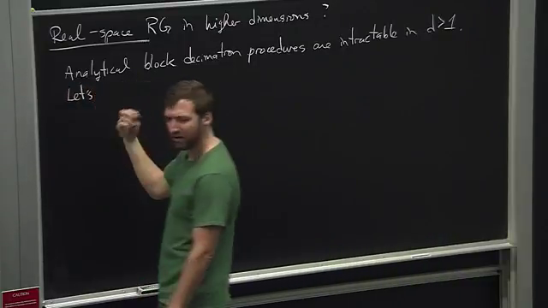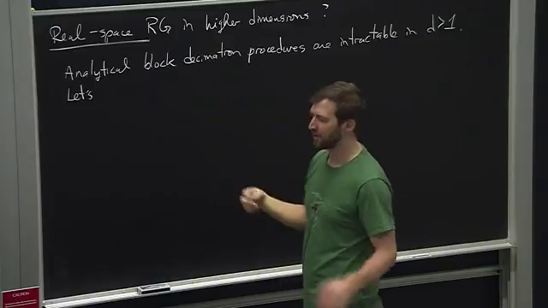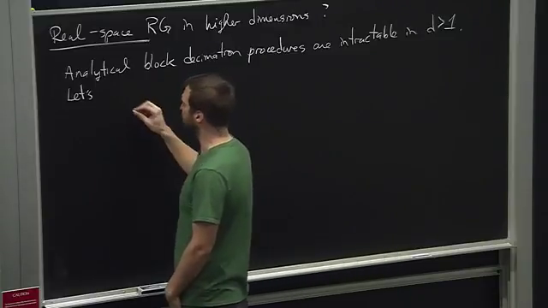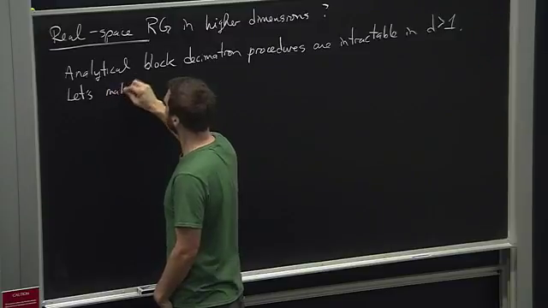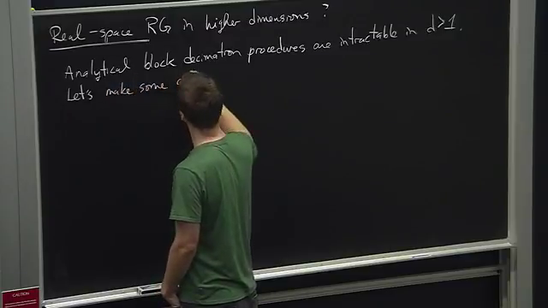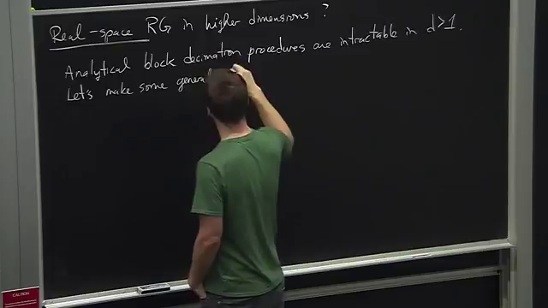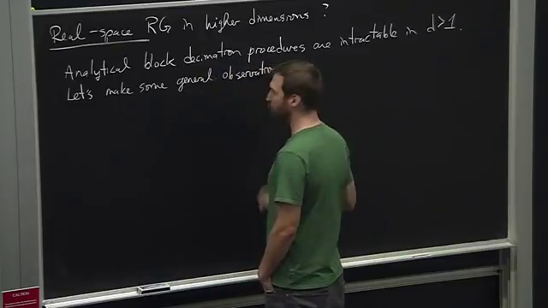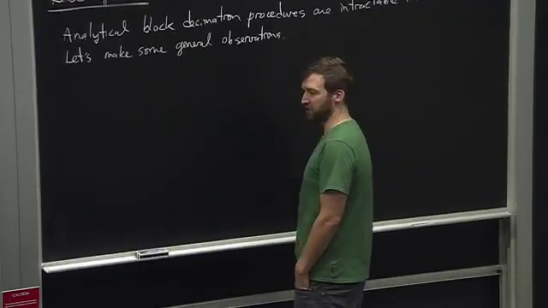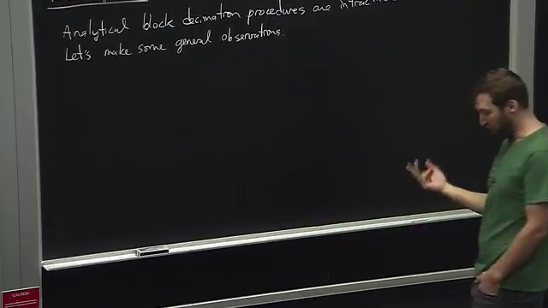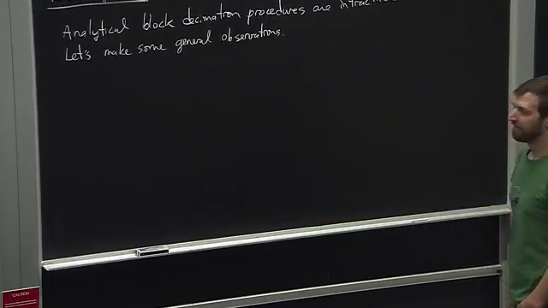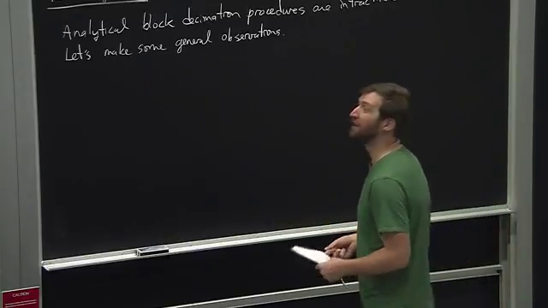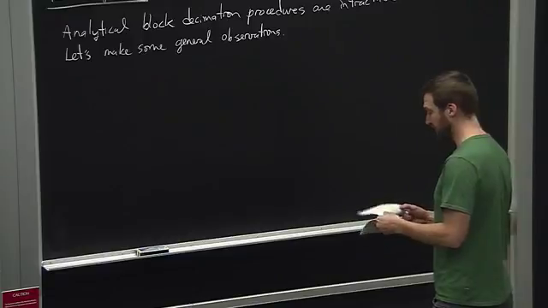So let's not do a full RG like we did for this, but let's just make some general observations. We'll do an analytical RG procedure in general dimensions in momentum space, which is more powerful analytically than these real space pictures.